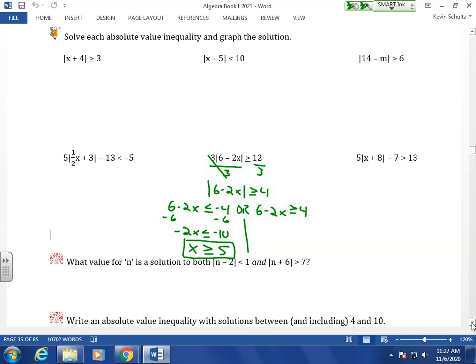Hopefully, once you get it in that or statement form, you're able to remember the steps to solve it. It's not too bad. It's just getting there that is the new part here. On the right side, subtract 6 from both sides, and we get -2x is greater than or equal to -2. Divide both sides by -2, so we get x is less than or equal to +1.